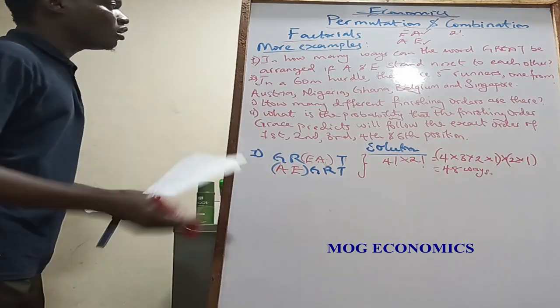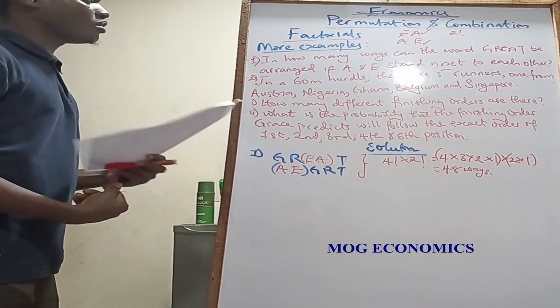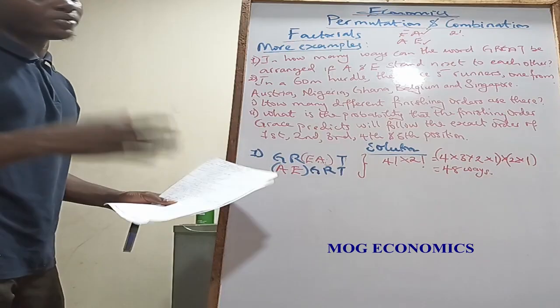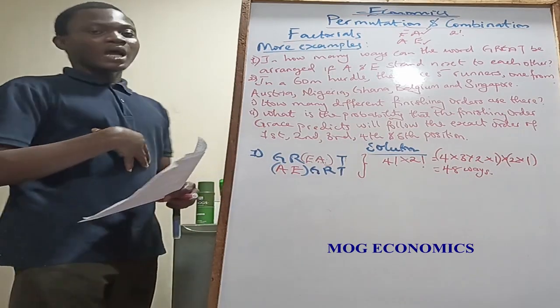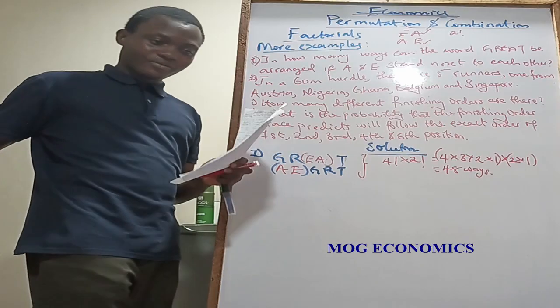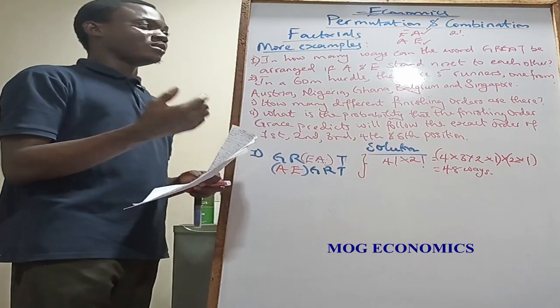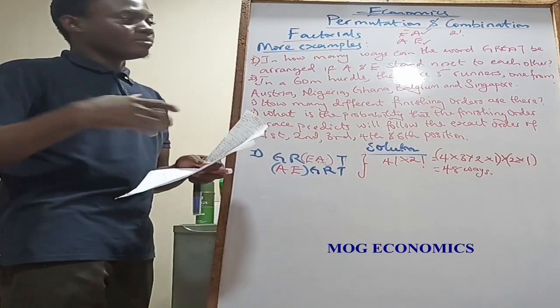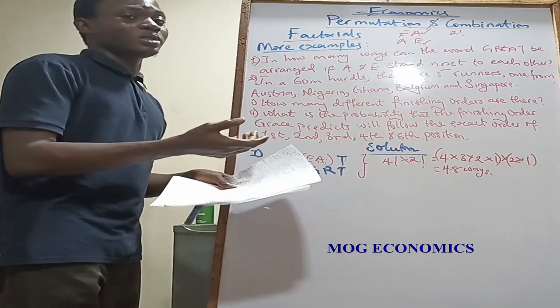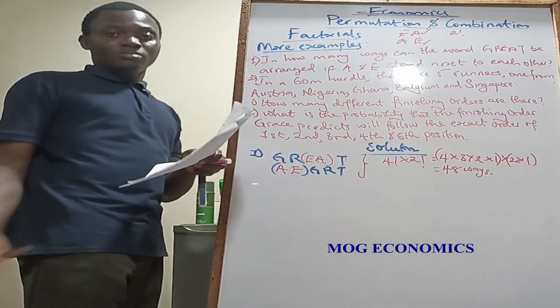Now, in the 60-meter hurdle, there are 5 runners, one from Austria, Nigeria, Ghana, Belgium, and Singapore, different countries. How many different finishing orders are there? In how many different ways can these people finish? Nigeria may come first sometimes, and then you have Ghana following it. Nigeria may come first in some situations, with the Belgium runner following it.